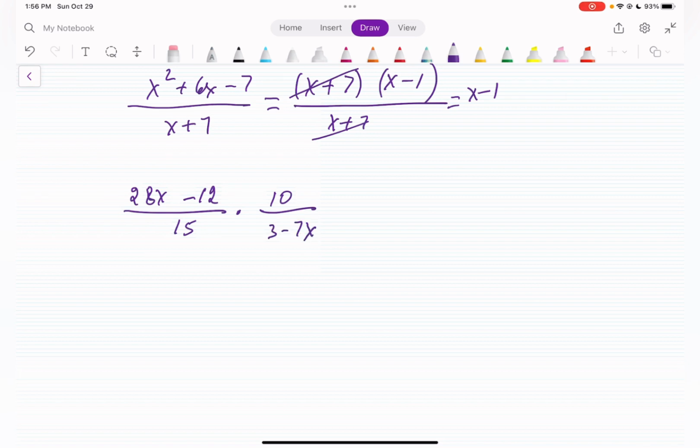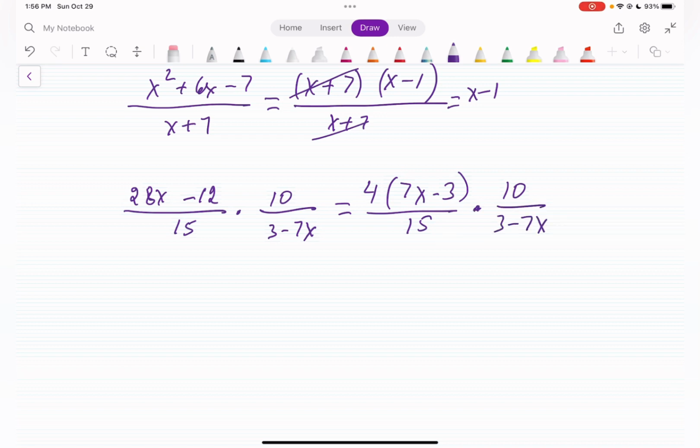From what I see, with 10 and 3 minus 7x, I can do nothing there. 28x minus 12, here I can take 4 as a common factor out. It's going to be 7x minus 3. Here I will get 15 times 10 over 3 minus 7x.